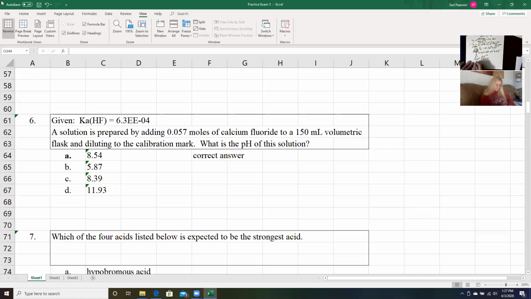So my x is going to be the square root of 0.76 minus x times, no, that is divided by 6.3. It's 1 times 10 minus 14 divided by 6.3 times 10 negative 4.